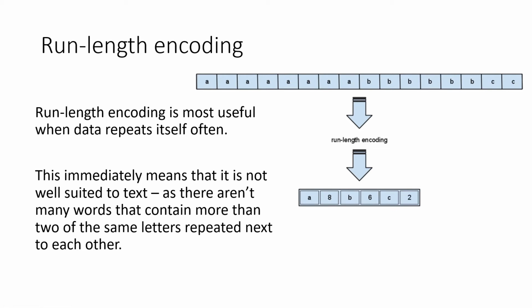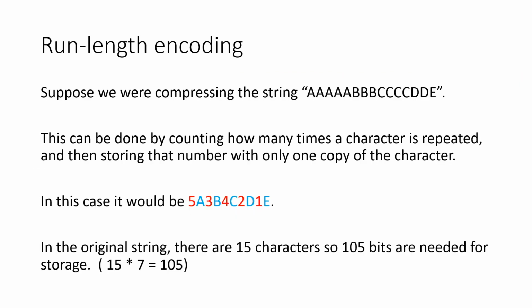But let's look at some text examples just because it keeps it simple. Here we're going to compress this string: AA, AAA, BBB, CC, CC, DDE. Let's do it by doing frequency followed by value. How many times does A occur? 1, 2, 3, 4, 5 times.